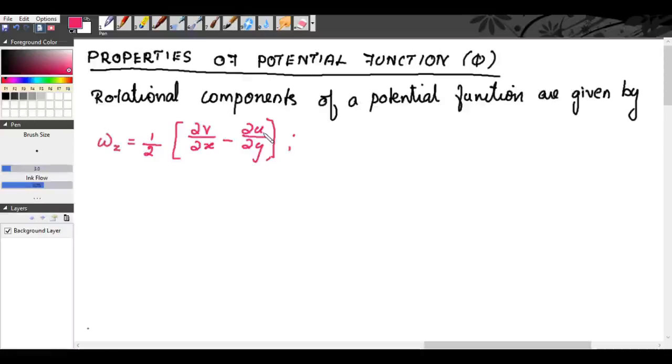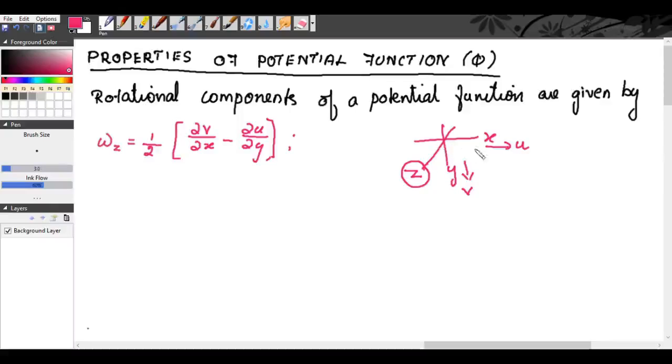So it is the change of the velocity component with respect to the other direction. See, we have three perpendicular directions: this is z, this is x and this is y. The rotation with respect to the z axis will be equal to the following. Here the velocity component is u, here the velocity component is v.